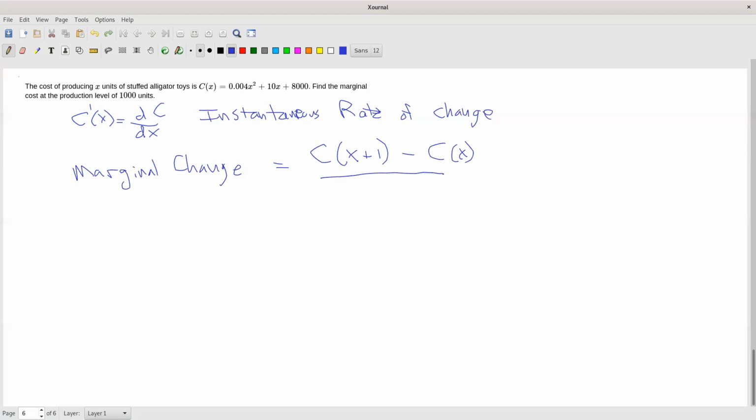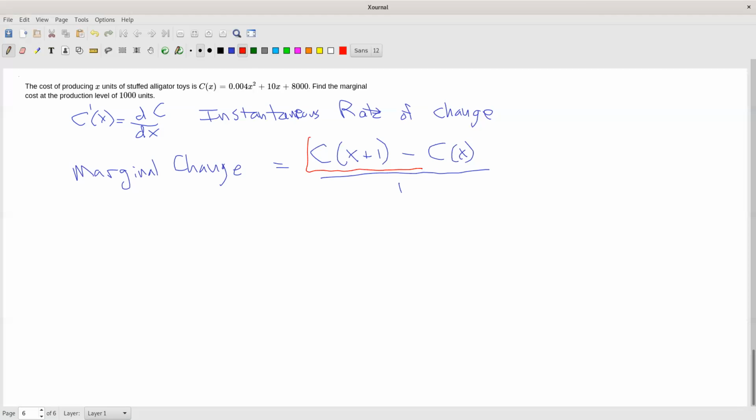And what's the change in x here? I just increased x by 1, so that's divided by 1. My x2 minus x1, x plus 1 minus x, is just 1. So technically, it's just the difference between producing 1 unit more.